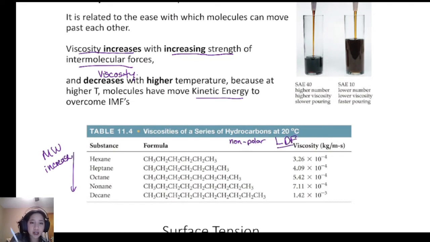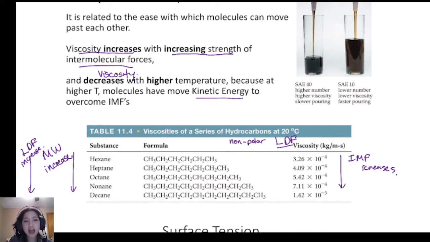So if molecular weight increases going down this series, then our London dispersion forces also increase. And since that's the only available intermolecular force, the total intermolecular force increases down this series. So IMF increases. And so you can see if we look at the viscosities for all of these corresponding substances, as we get heavier, as IMFs increase, we see viscosity increases. You can see that we actually moved the decimal place here, one less. So decane actually has the most viscosity.